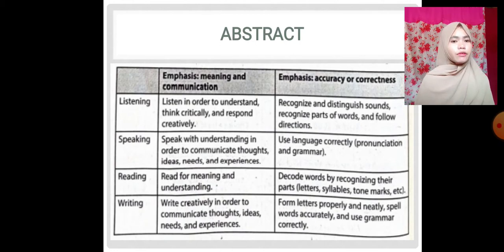The third one is reading. Read for meaning and understanding. So by reading, we must read for meaning and understand it in our own reading, because it's a big help for us to determine what the sentence means or what emotions the sentence carries, and to decode words by recognizing their parts such as letters, syllables, tone marks, and so on.